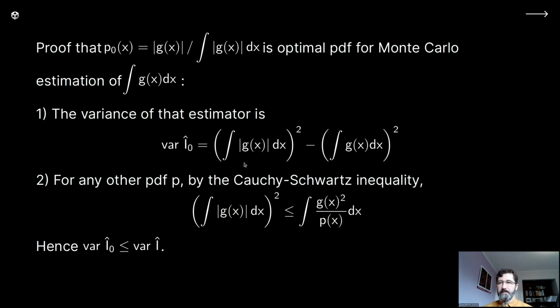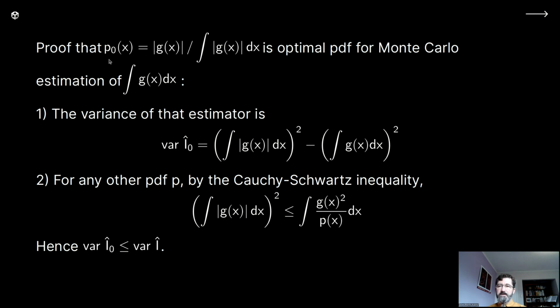And you can see, of course, that if G was non-negative, or indeed never changing sign, then the variance of this particular estimator would be 0. And if there is a change of sign, it will be strictly positive. It's a necessary and sufficient condition.